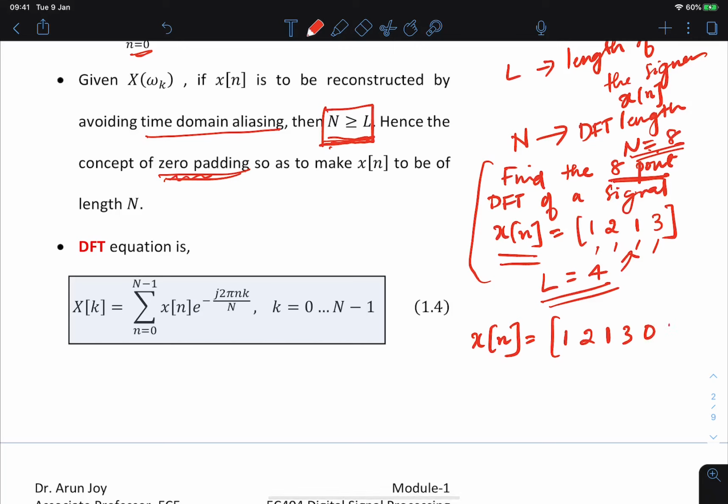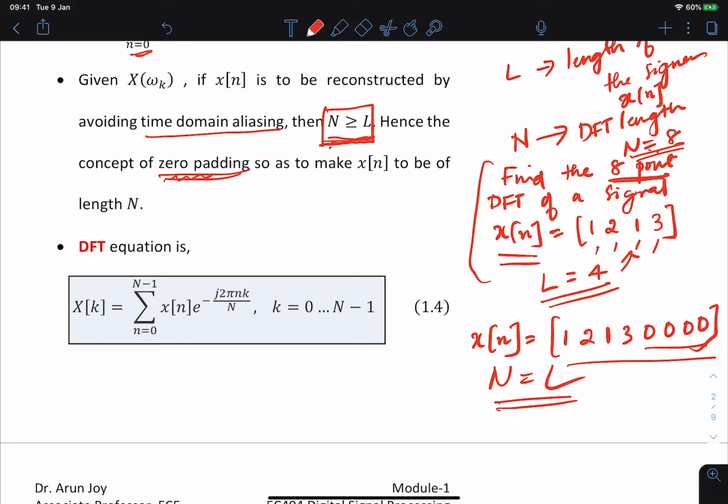So you add 4 zeros. This concept is known as zero padding. When zero padding is done, N will be equal to L and the issue is resolved.